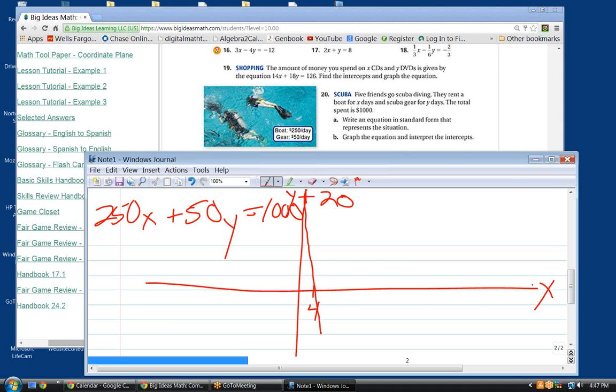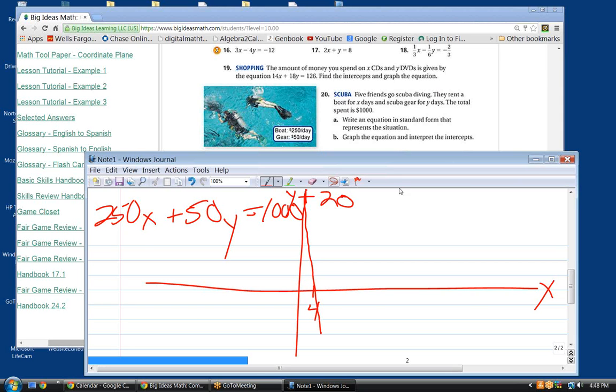Because this x-axis is not time. That's why this problem is a little confusing, because a lot of times in an equation like this, you'll want to know what the total cost would be for x amount of days. So the horizontal axis would be the amount of days, and the vertical axis would be the total cost.